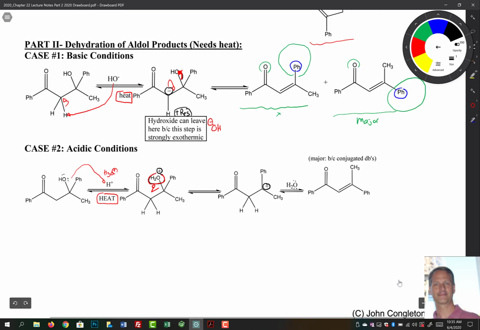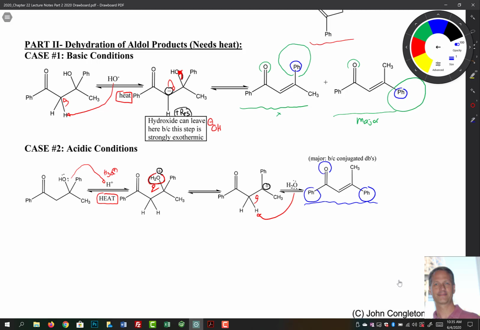Of course, there's lots of resonance there, and then water is going to come around, grab an H, and we'll get a double bond here. Right, so just as we talked about before, we're probably going to end up getting this as our major product, where those phenyl groups are kind of pointing away from each other and not close to the oxygen up there at the top.